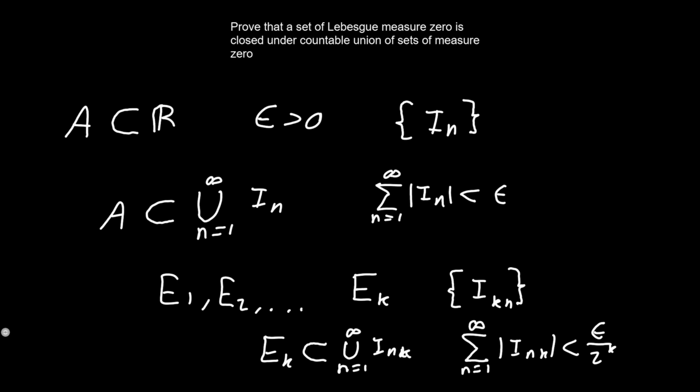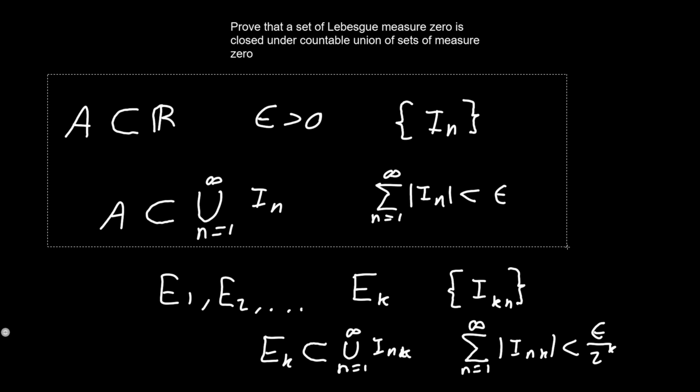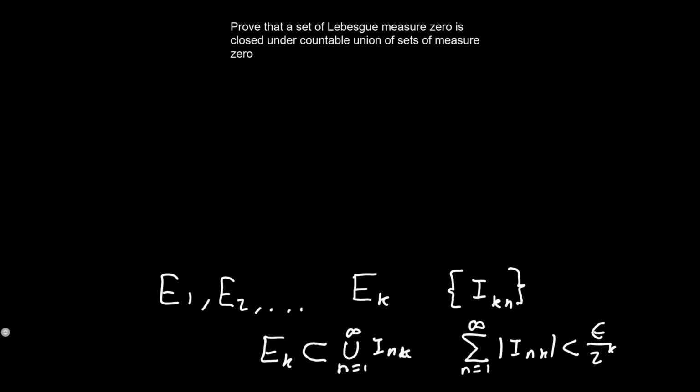So now we consider the union of all these sets, E, equal to the union from k equals 1 to infinity of E_k.